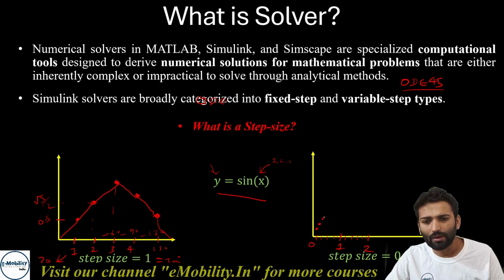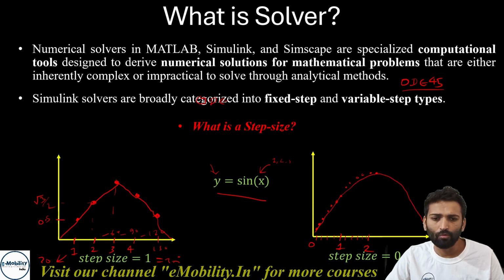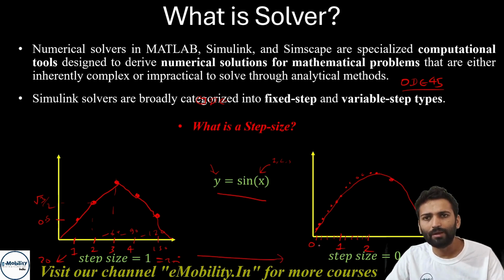So when I join these points, I get an almost perfect sine wave. Because I have decreased the step size from 1 to 0.1, I am getting a much more realistic sine wave. So in MATLAB, the step size becomes very important, because as we decrease the step size, the accuracy becomes more and more accurate. So this is about the step size.